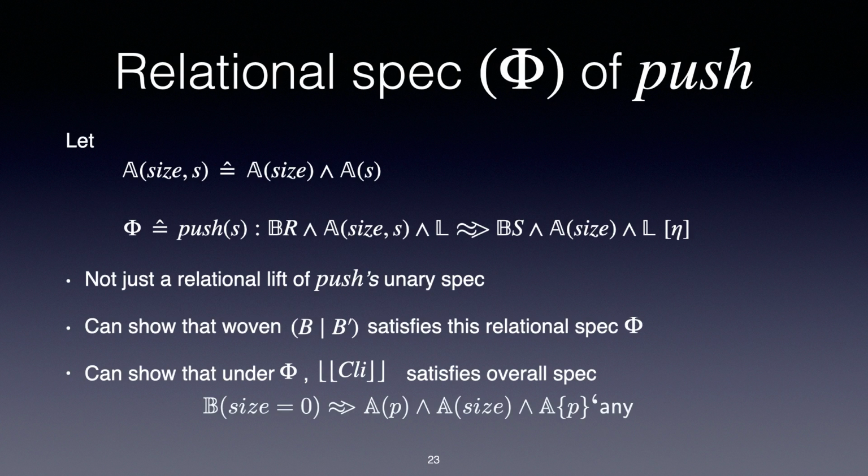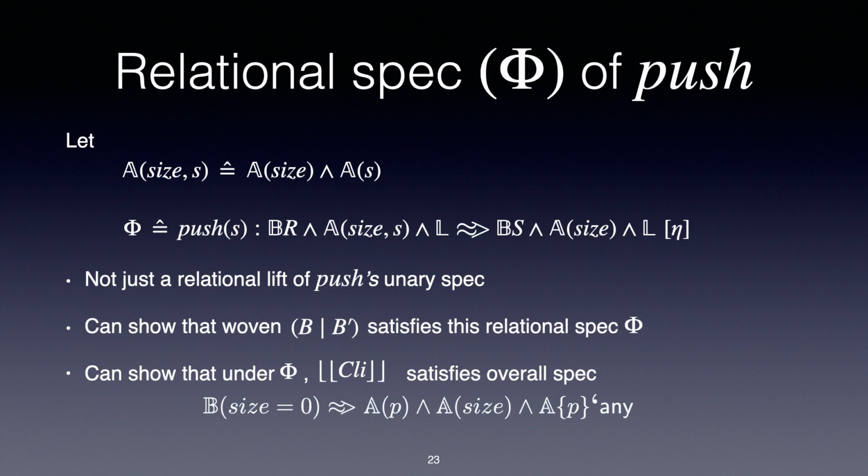Well, what is the relational spec? The relational spec is interesting. Remember that R and S were the unary pre and post conditions. For the relational case, we would have to have both of R and both of S, because they're talking about two states. So in both states, R and S must hold.